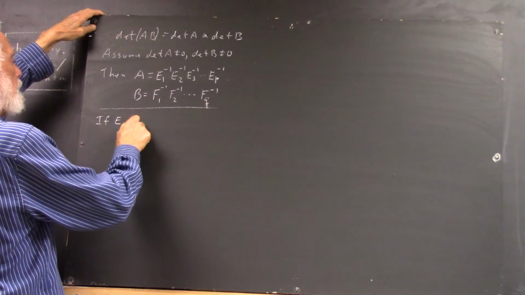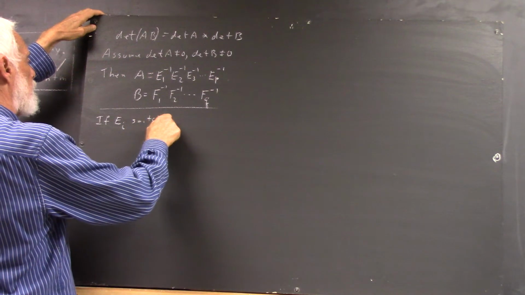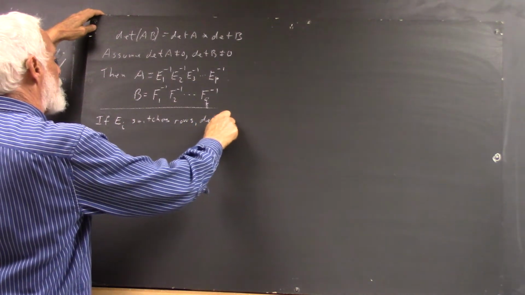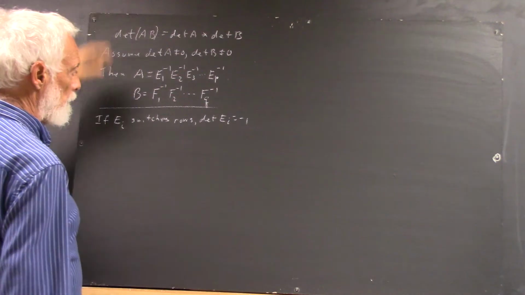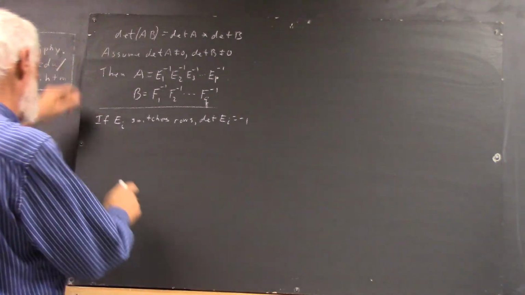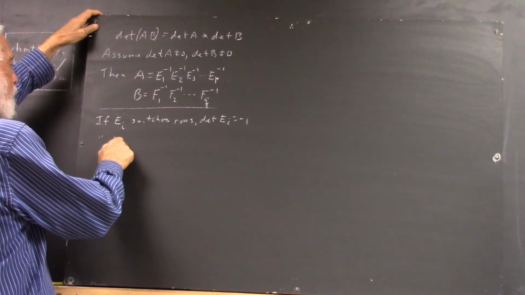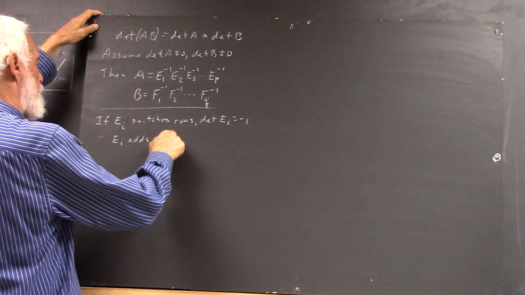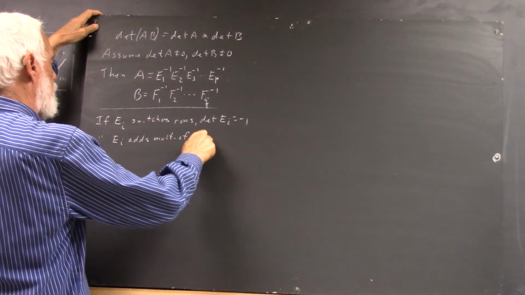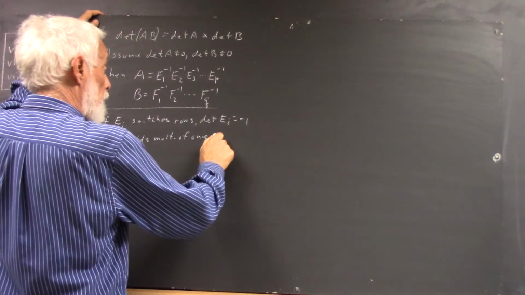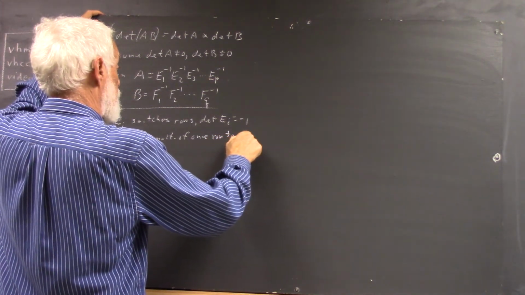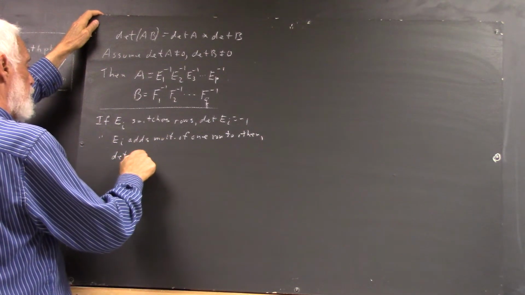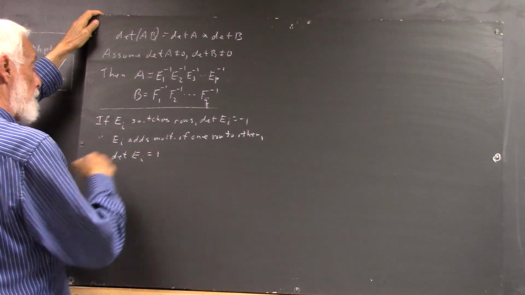If E sub I switches rows, the determinant of E sub I is -1. We've seen this already. If we add a multiple of one row to the other, the determinant of E sub I is 1.